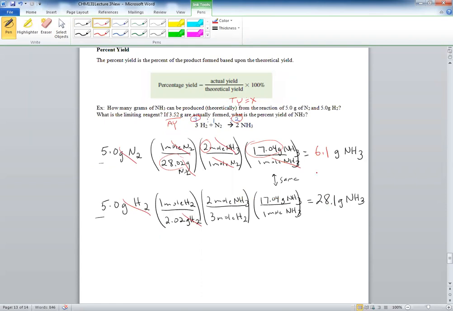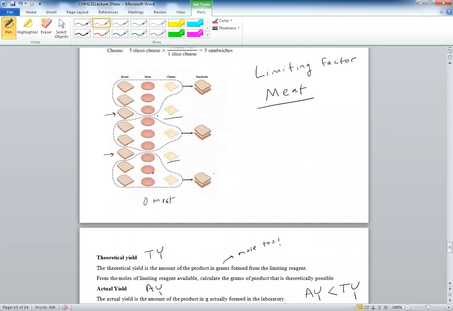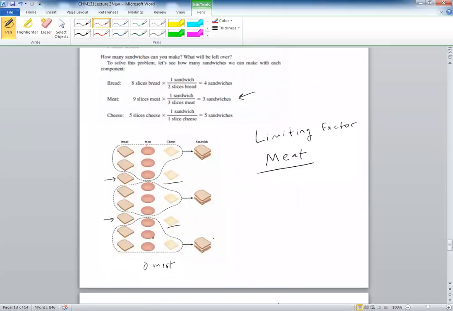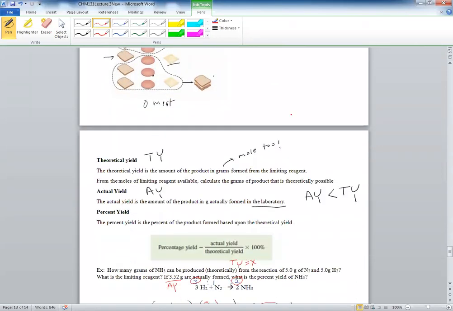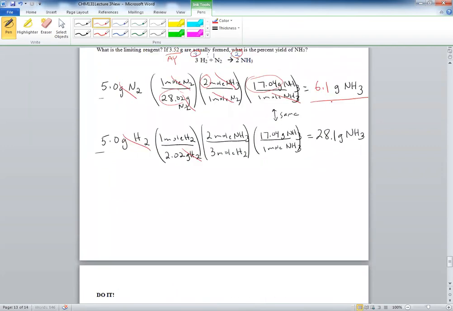Now, what is the correct answer? We have two different amounts. Well, it's the smallest, just like when you go back right here and you pick the one that gave you the least amount, and that would have been the meat, because the meat runs out. So in this case, this would be our theoretical yield right here.